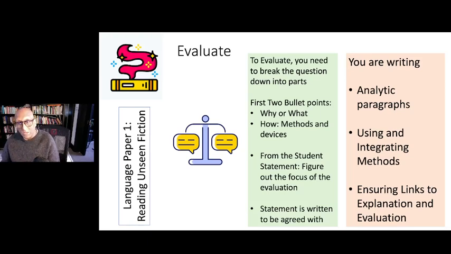And if you can evaluate, meaning if you can figure out to what extent you agree with the question and the theme in the literature exam, if you're evaluating, you're working at a very high level. That's why this question is worth so much. That's why it's so complicated. But once you get a grip with what you're doing, and once you're starting to feel more confident in terms of analysis, you will feel more confident here as well.